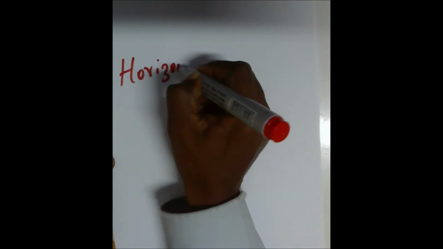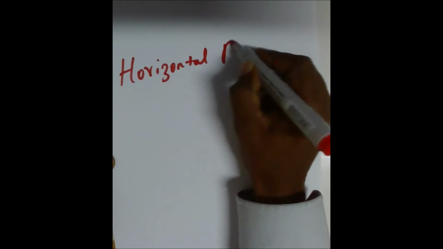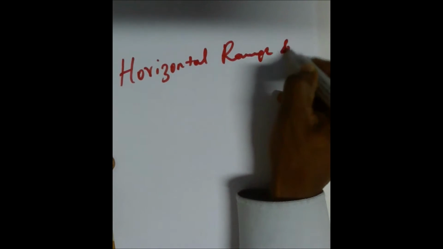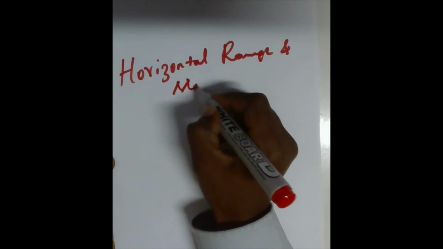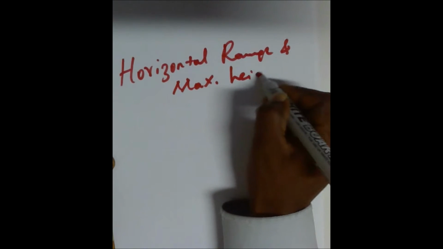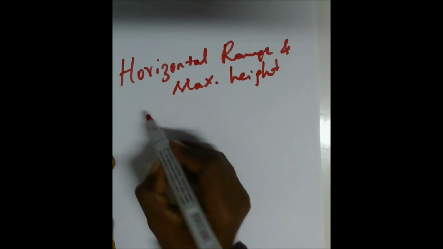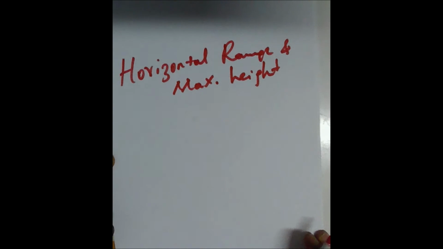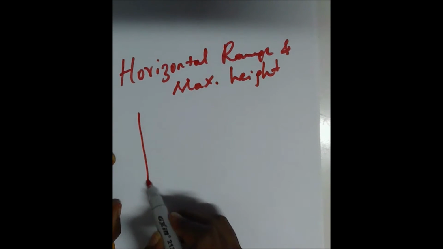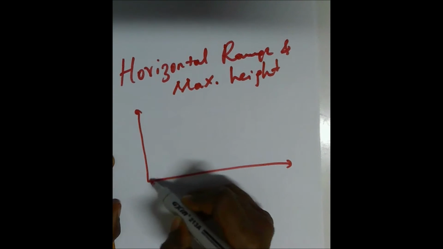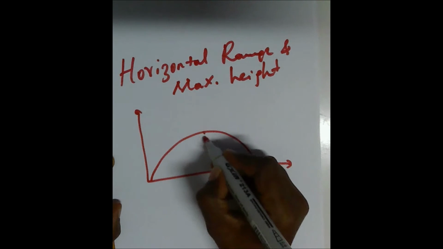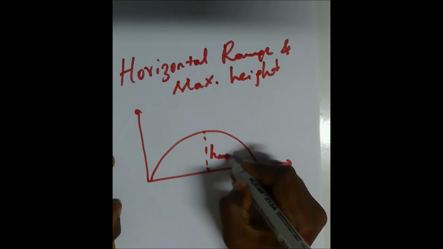Okay, next we'll see the horizontal range and the maximum height. In order to get the horizontal range and maximum height, this is the projectile, so this is the trajectory, and this is h max.